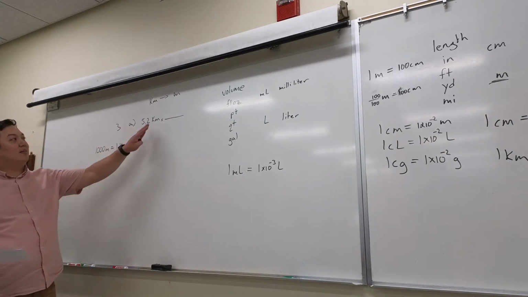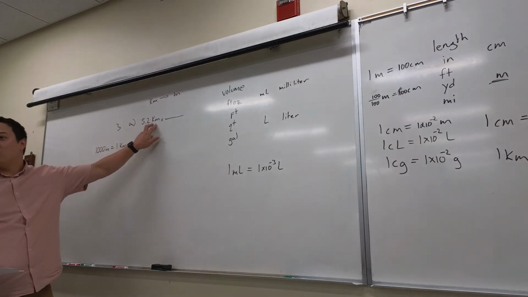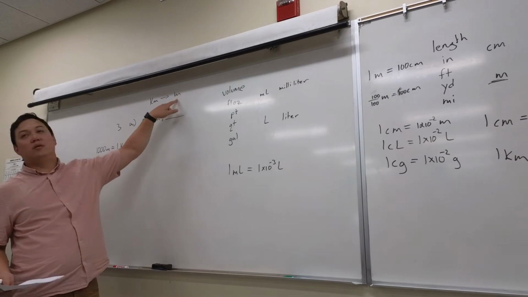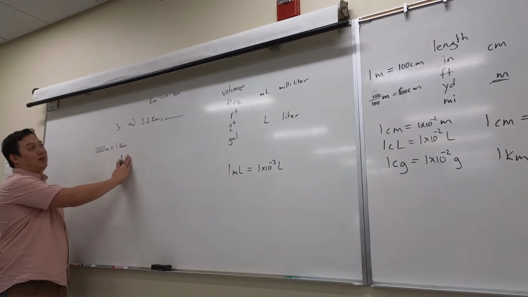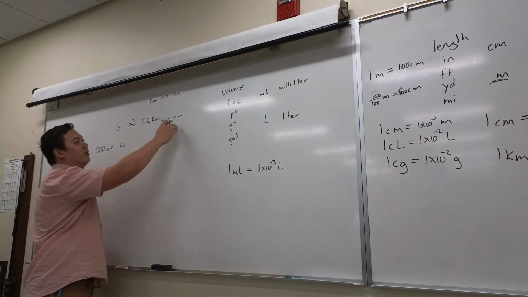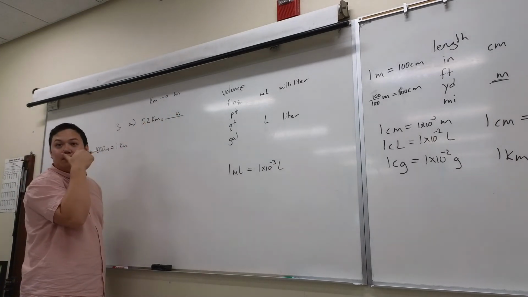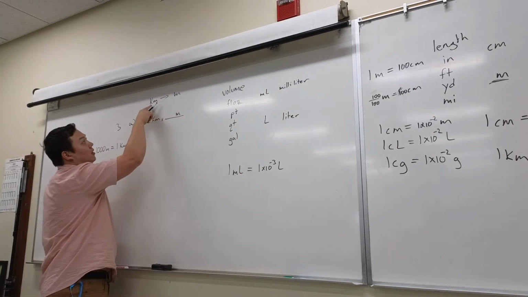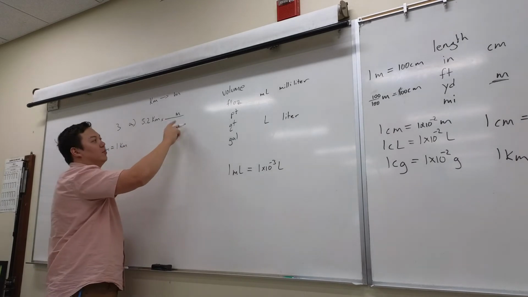The way I like to think about this is we have units of kilometers. What are the units that we want? Meters. Knowing that we have this conversion factor to get us from kilometers to meters, we put meters in the numerator on top. Kilometers is the unit we want to get rid of, so we put that on the bottom.